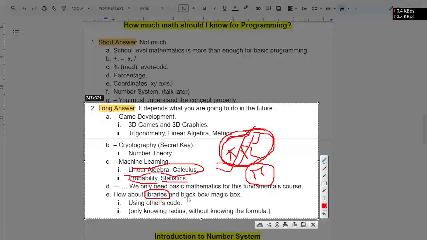So the library and black box or magic box makes our life easier when we are programming, and we don't have to make everything from scratch.